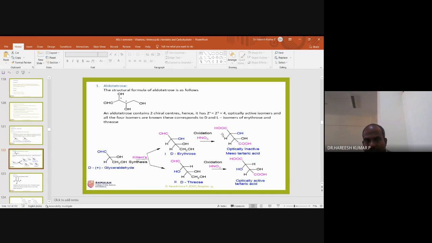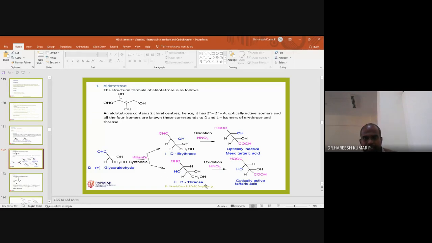So what is the name of this compound? It's mesotartaric acid. Why is it optically inactive? Because a plane polarized light is passing through the mesotartaric acid. So that is the reason it is optically inactive.